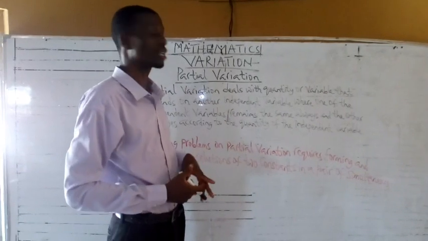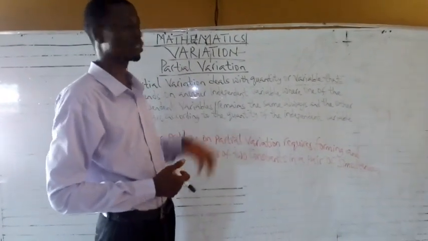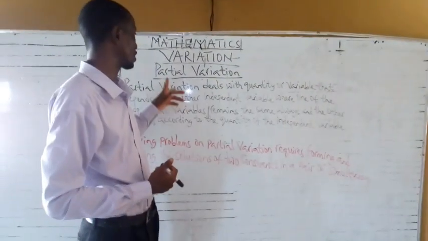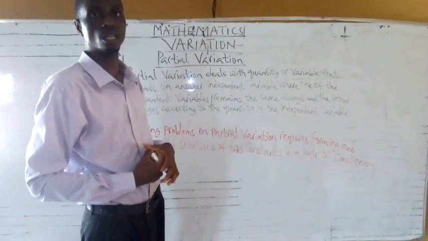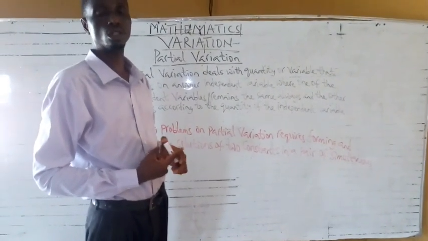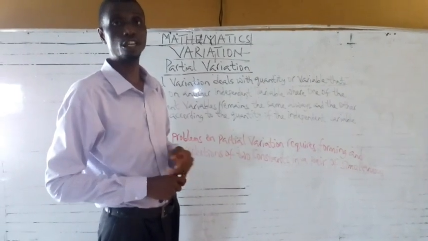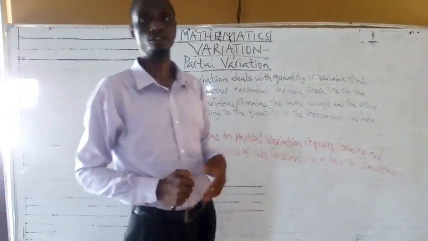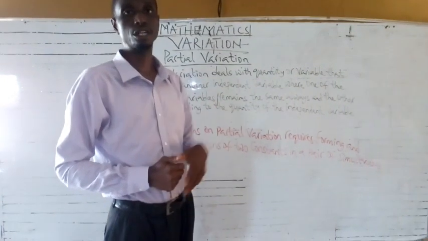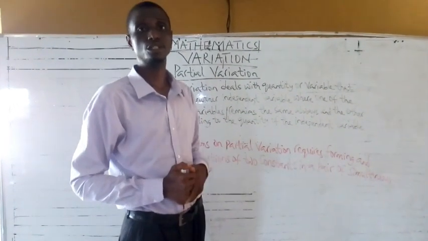Now we are on the last segment for this topic, variation, and this is partial variation. In the first episode, I listed the 4 types of variation: the direct variation, the inverse variation, joint variation, and partial variation.